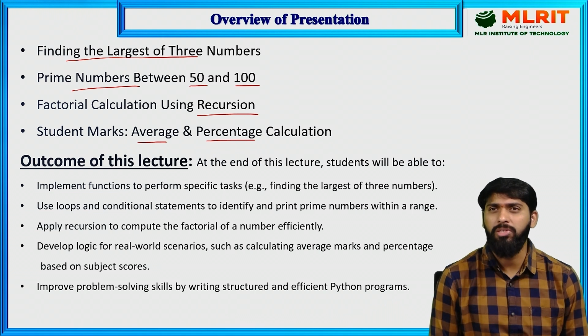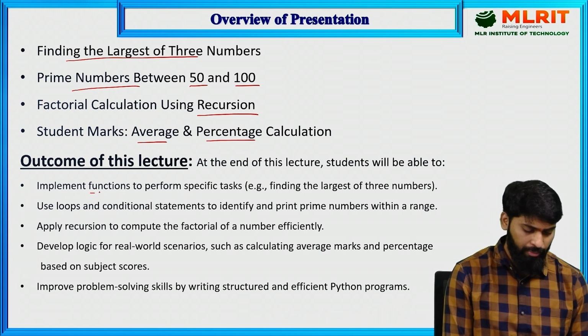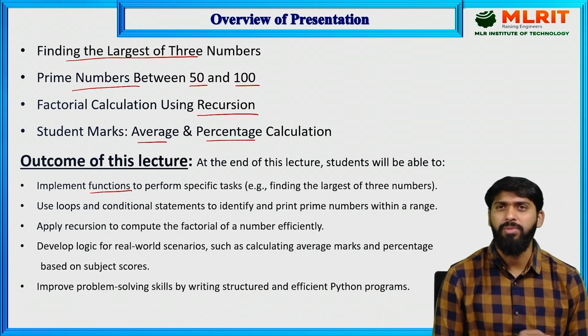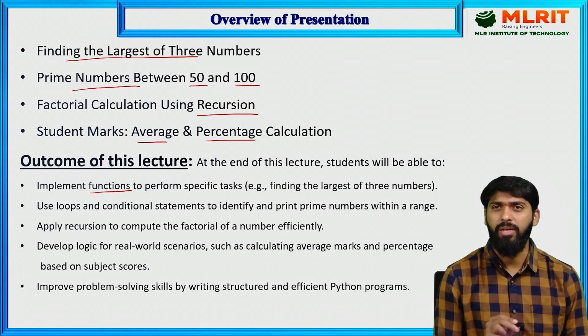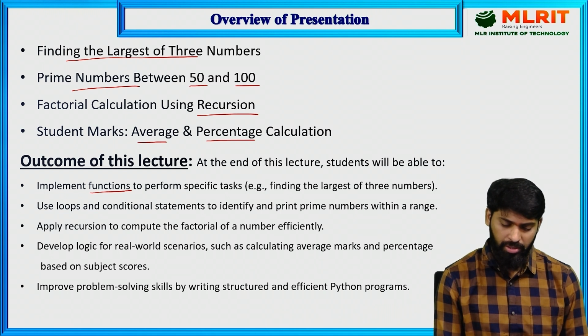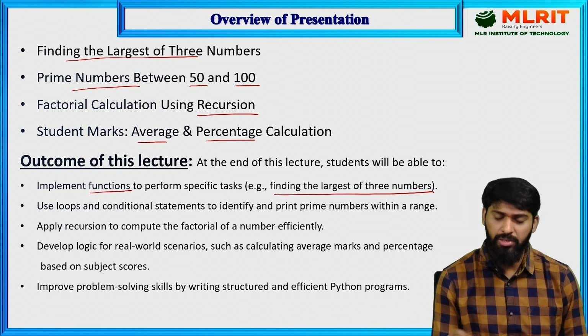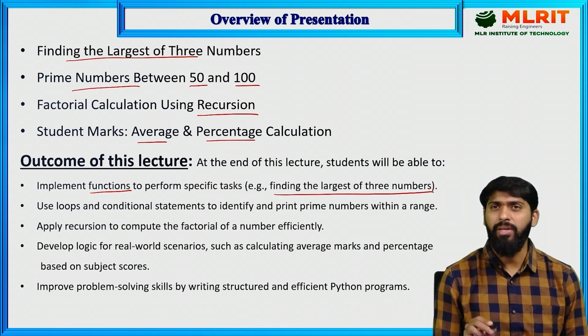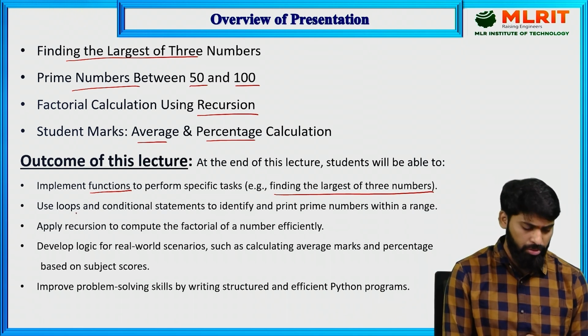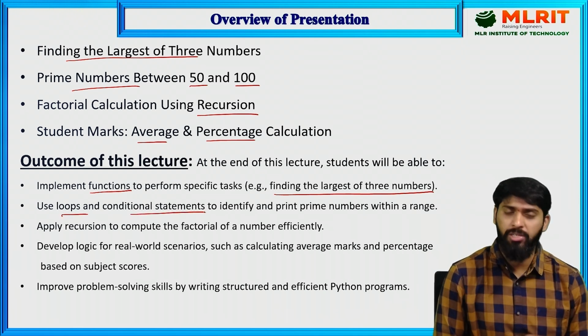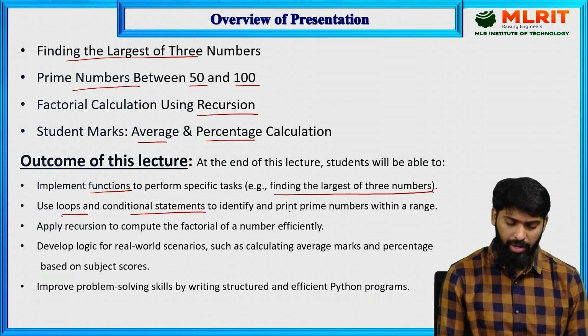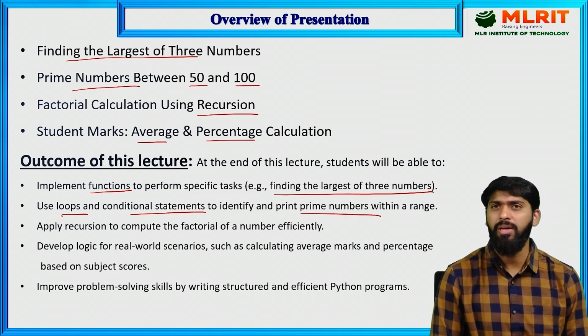Outcome of this lecture: at the end of this lecture, student will be able to implement functions to perform specific tasks. In this lecture, we are going to see finding the largest of 3 numbers, where we define this task as a function, and you are able to use loops and conditional statements to identify and print prime numbers within a range.